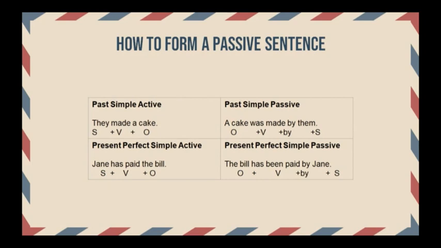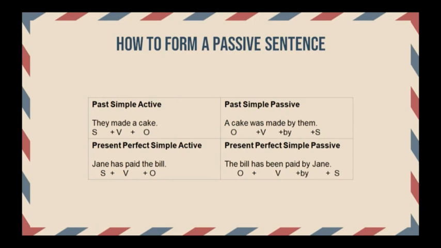As you can see, in the active sentence, a cake is an object, so it becomes a subject in the passive sentence. A cake is the subject of the passive sentence. Was made is a verb in past simple passive form. Then we have by and them as the agent.